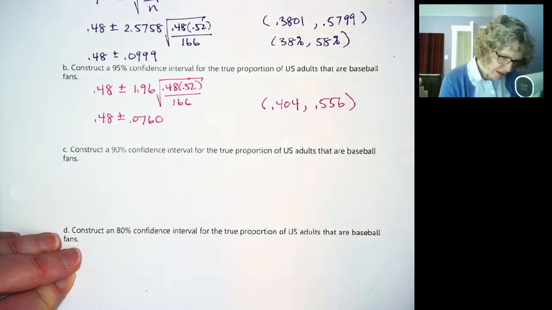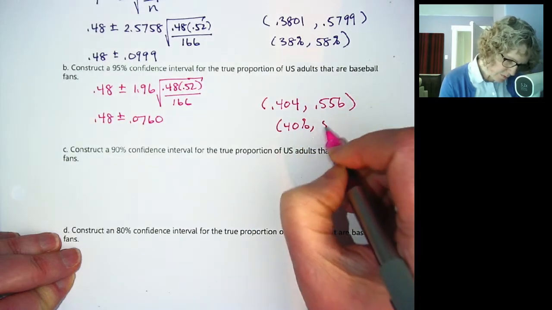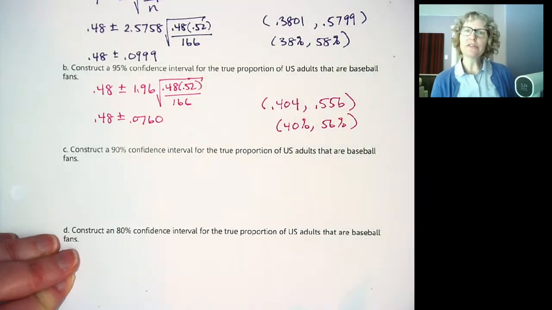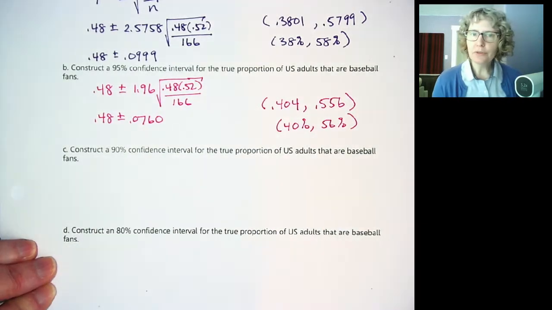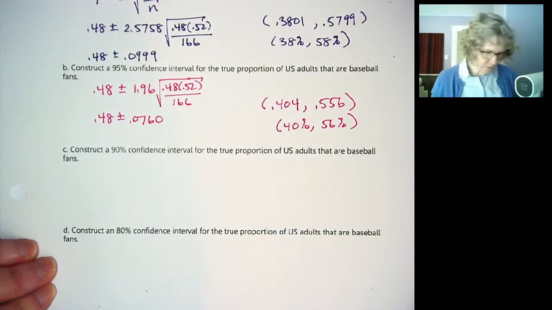So now we're saying about 40% to 56%. So now it's a little narrower, isn't it? All right, feel free to do the other two and just pause it and then check your answers at the end. I will go ahead and write them out.